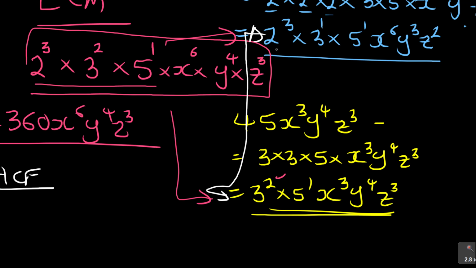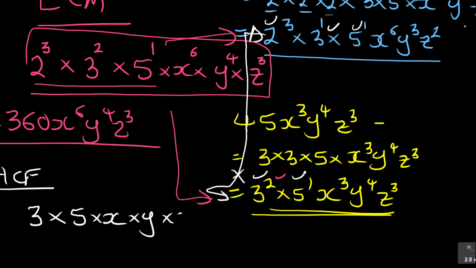So you start with 2. I have got 2 here, but not 2 this side. It's not common. I've got 3 and I've got 3, so 3 is common. Take out 3. I've got 5 there and 5 there, so 5 is common. I take out 5. I've got x and x, y and y, z and z.